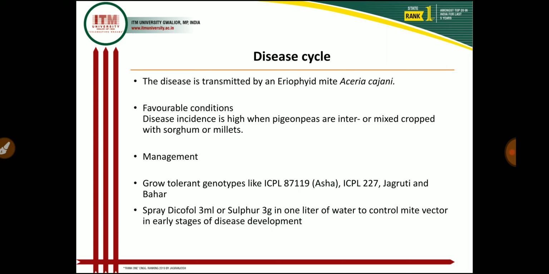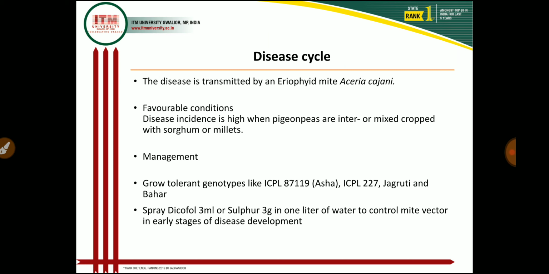By this, they complete their disease cycle, and in favorable conditions, the disease incidence is high when pigeon pea is intercropped or mixed with sorghum or millets. Shade and humidity encourage mite multiplication because the disease is transmitted by the mites. If the mite population is more as compared to other fields, then definitely this disease spreads rapidly in the pigeon pea crop.